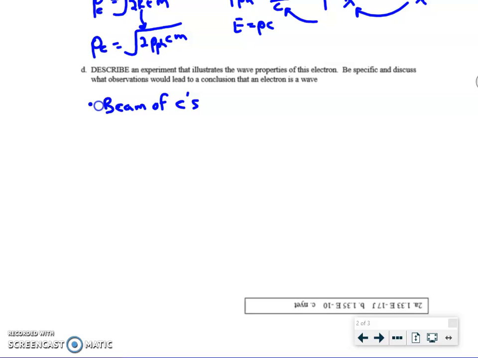You shine the beam of electrons on crystals, or you could get away with a diffraction grating. In other words, a device with many spaces in it that are very, very small.